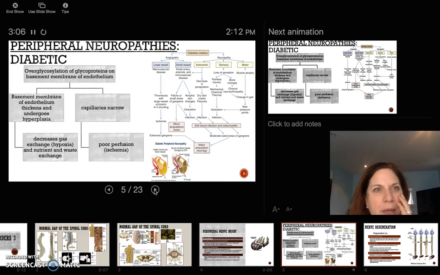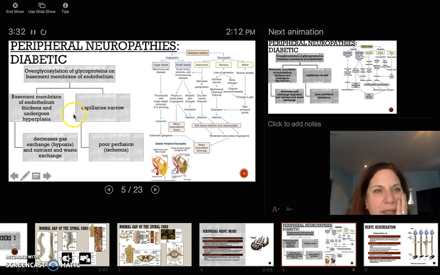The most common peripheral neuropathy is caused by diabetes. Diabetes causes angiopathy, so disease of the blood vessel. It can be large vessels or small vessels, which then start to affect the nerve that is attached to that blood vessel.